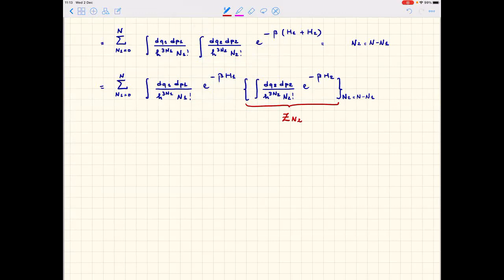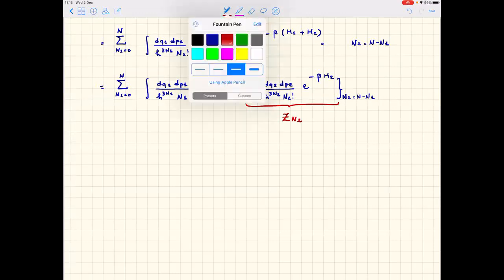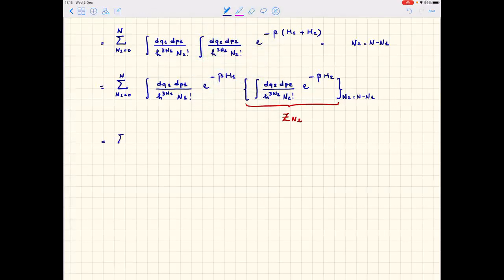So what I discover after this discussion is that this is equal to the sum over N1 from 0 to N of the integral dq1 dp1 over h to the 3N1 N1 factorial e to the minus beta H1 times Z of (N minus N1), and this is equal to Z_N. Now, if you look at this expression, this implies the following.